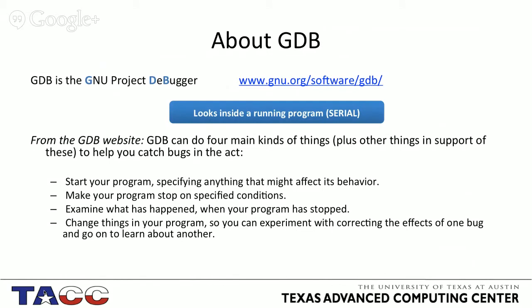Okay, so GDB. GDB is the GNU project debugger. GDB lets you do many things that are convenient when you're debugging a program. You can start your program, you can tell your program to stop at specific lines, what we call breakpoints. You can examine the data in your program in the middle of a run.